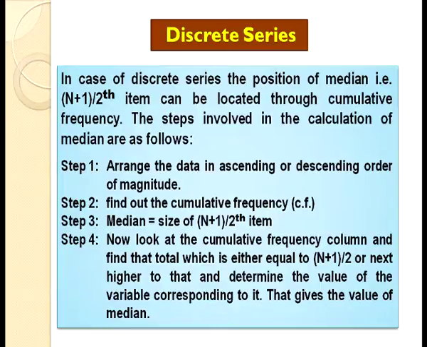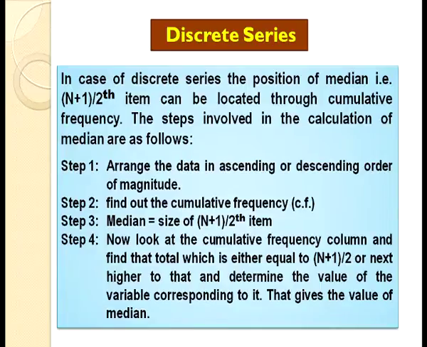Next step, we have to make one column for cumulative frequency. Step third, write the formula for the median. It remains the same as for individual series. Median is equal to size of (n plus 1) by 2th item. Now, you have computed the item value.